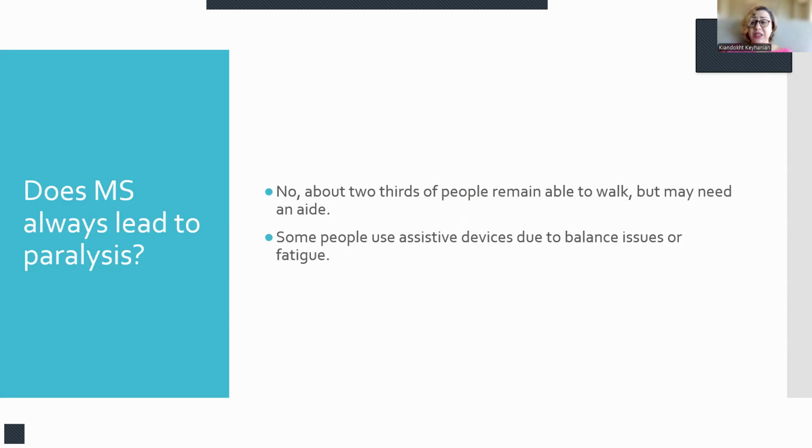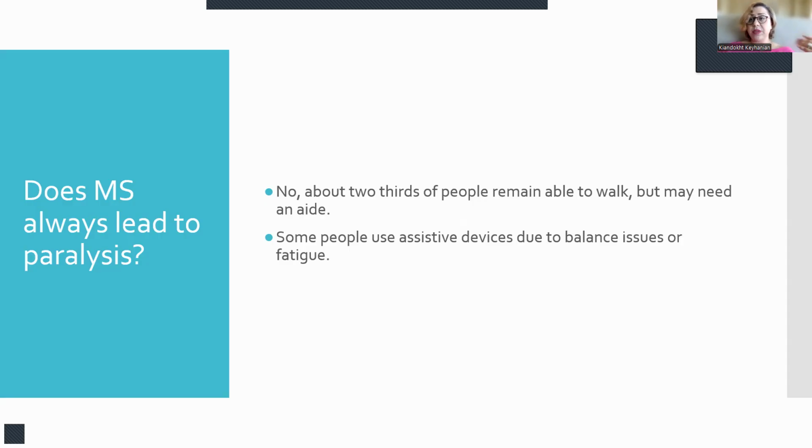So am I gonna be wheelchair bound? Most likely not. Most of the people are gonna be able to walk and they're not gonna be wheelchair bound. Some of them, when they get older, might need some assistance with a cane or walker.